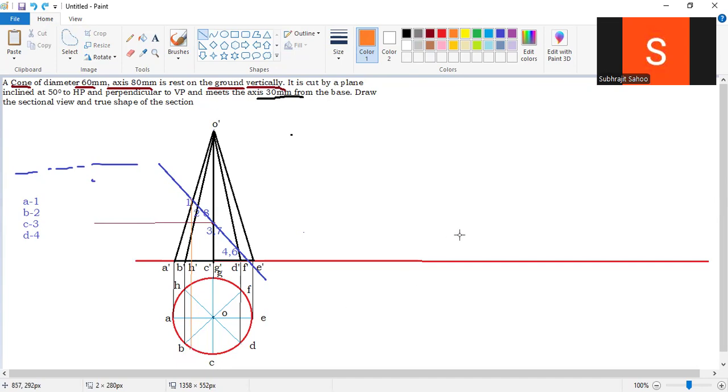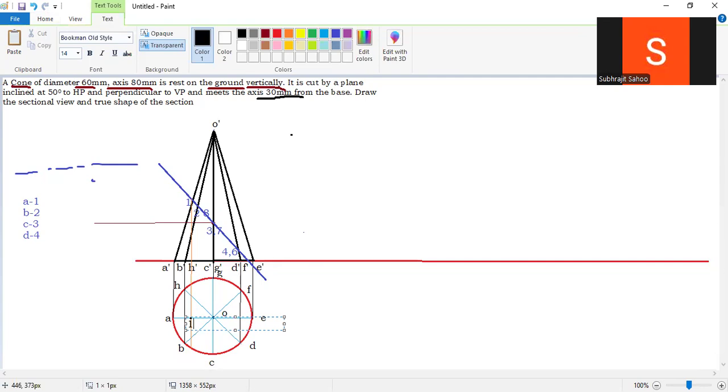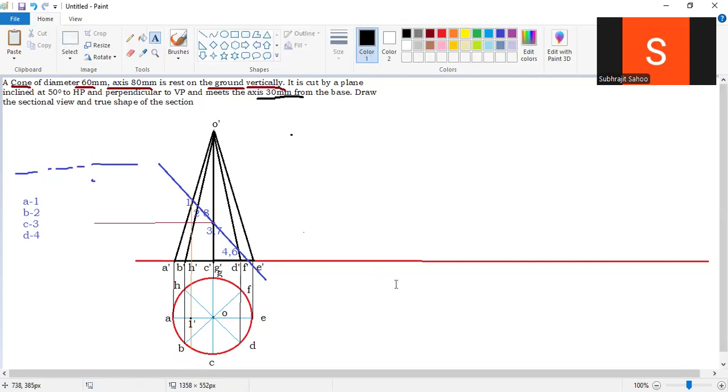Draw the vertical lines, sir. Where it touches, sir. See, A generator, one line, this is a generator, they touch at this point. Sir, what is the point name you want to give? Sir, this is one point, means you give it 1 dash.